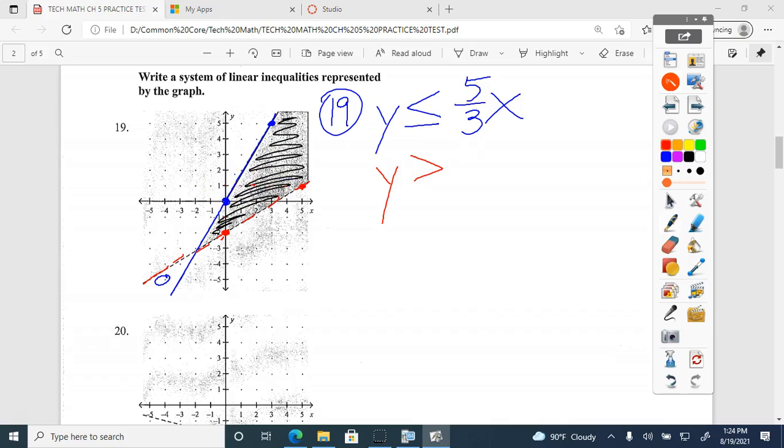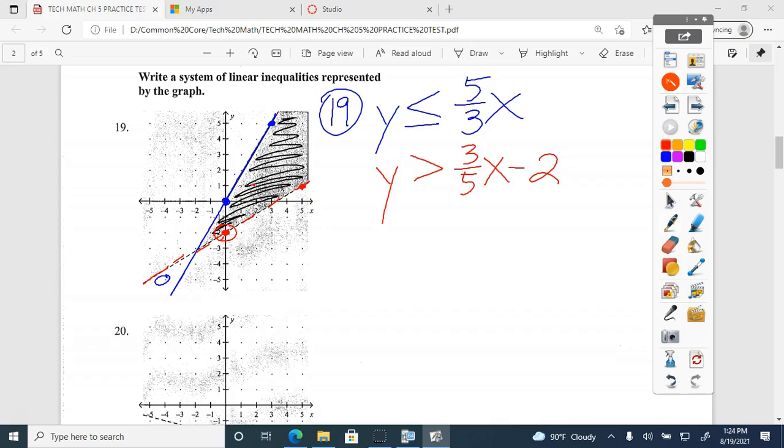So 3/5 x, and then where is it crossing the y-axis? Negative 2. Let's see how we did. Hey, we got it right. Yay us.